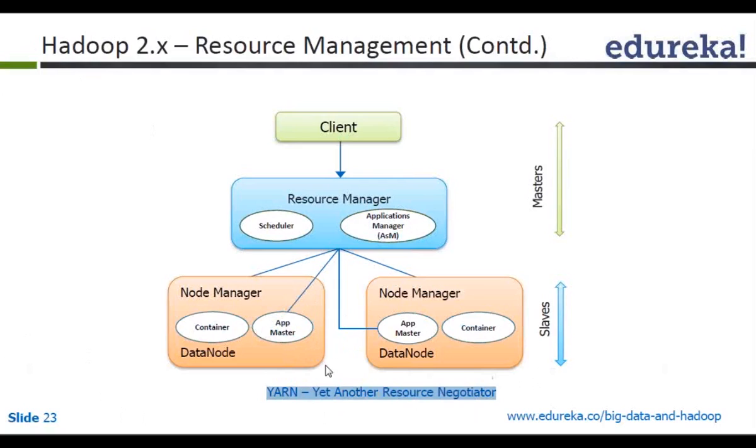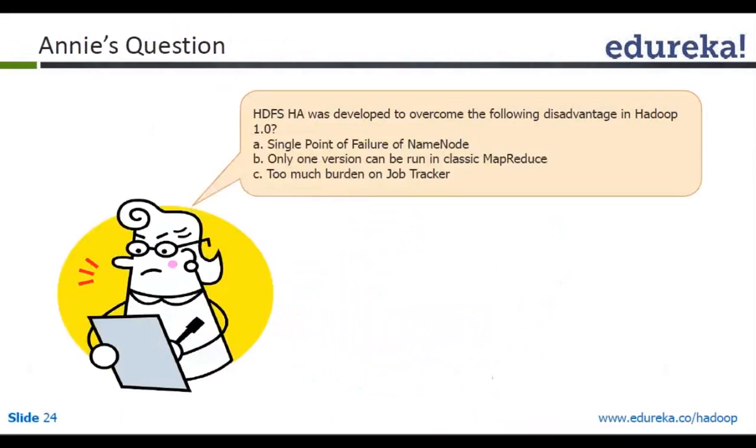So YARN is just a framework, a concept, yet another resource negotiator. All the daemons inside YARN are called resource manager, node manager, etc. So there are different components in that framework. YARN is a framework, and there are different components inside that framework. Perfect. Let's continue.